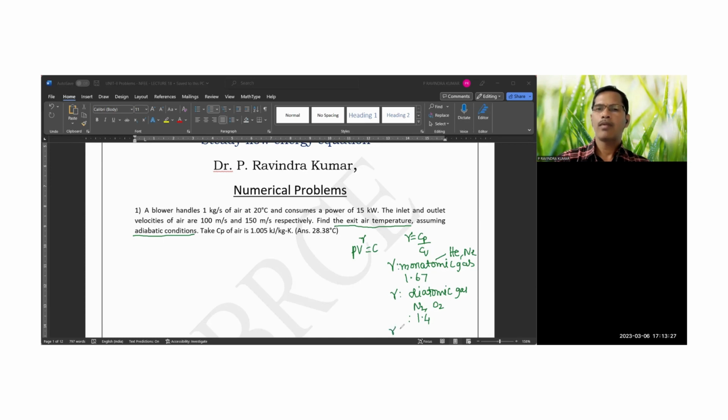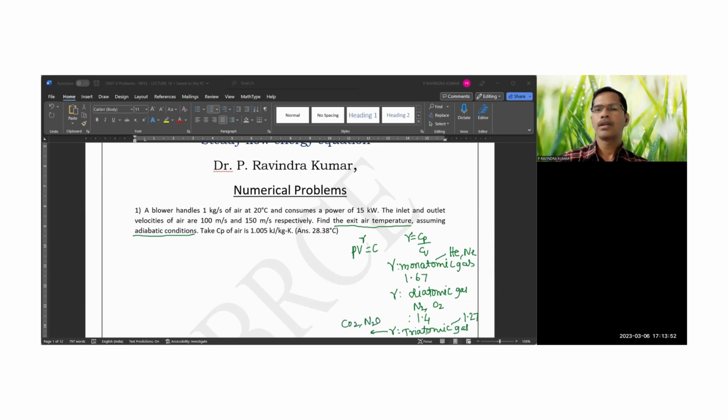Next, gamma for triatomic gas. The gamma value for triatomic gas is around 1.27 to 1.3. Examples of this case are carbon dioxide and nitrous oxide.